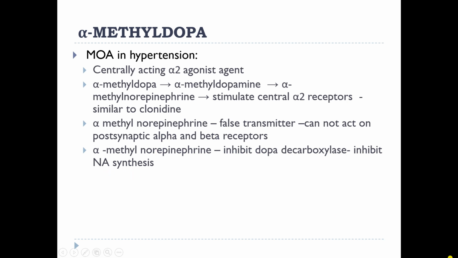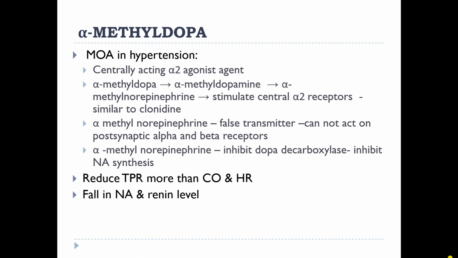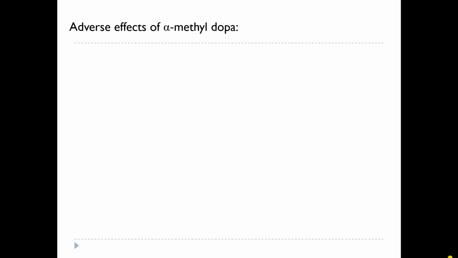That is why it is one of the very important drugs for the treatment of hypertension. It reduces the TPR more than the cardiac output and heart rate. Fall in noradrenaline and renin level is seen. Postural reflexes are not affected much. Adverse effects of alpha methyl dopa: it produces sedation, lethargy and reduced mental activity.